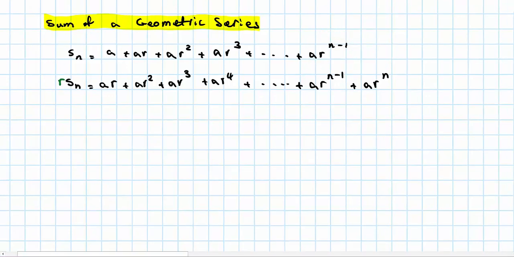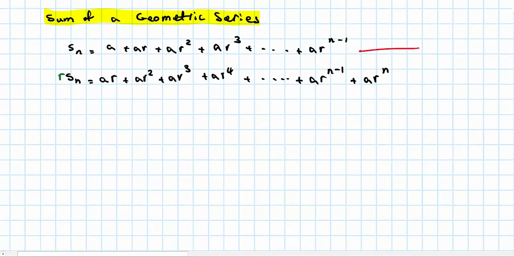Alright, now there are two things we can do. We can either take the first line away from the second line, or we can take the second line away from the first line. So we're going to do both of them. Let's do 2 take away 1.